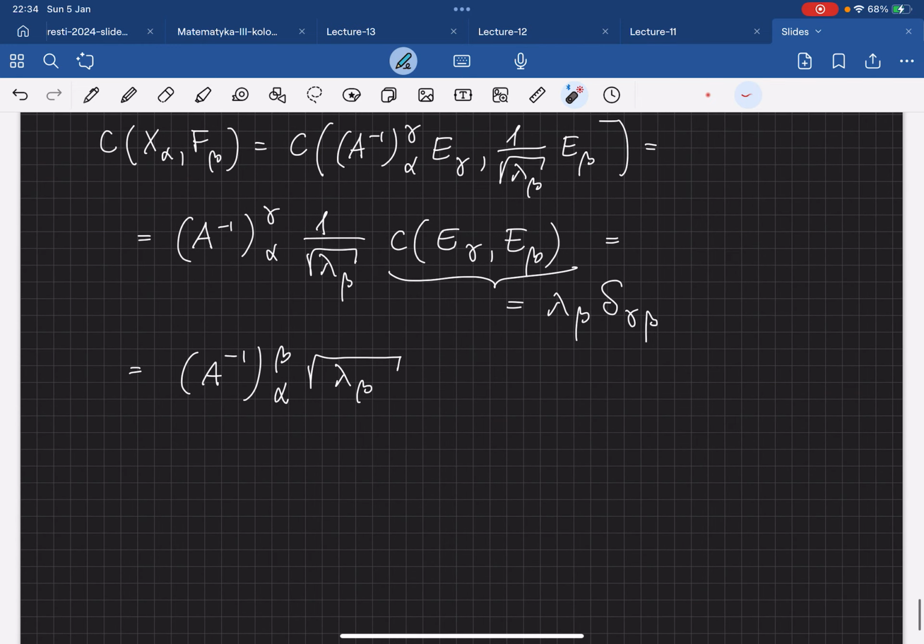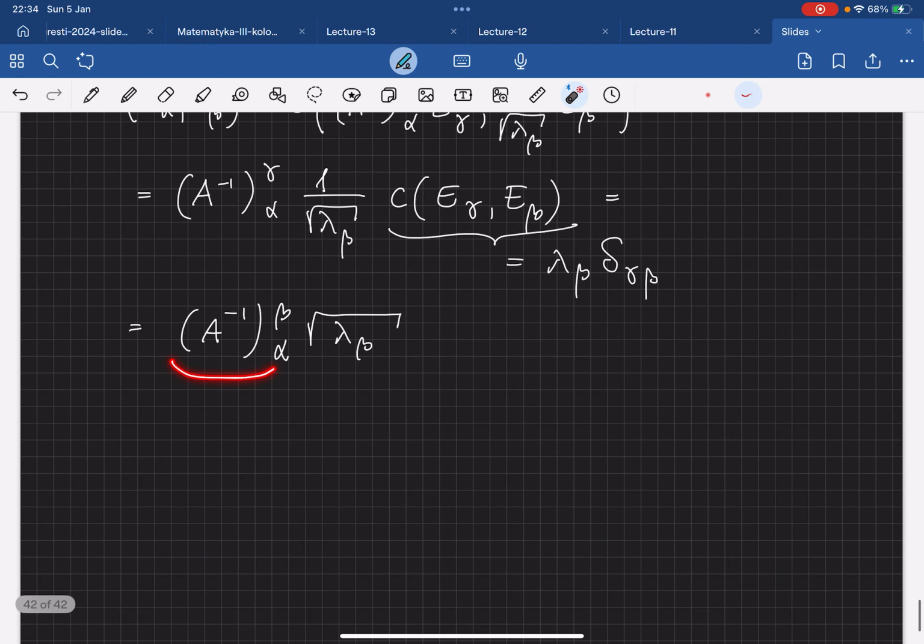So here we have coefficients of eigenvectors multiplied by the square root of lambda b. And this is true for all the factors. Now we have p factors, which is definitely too much.